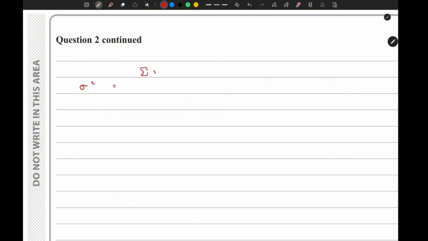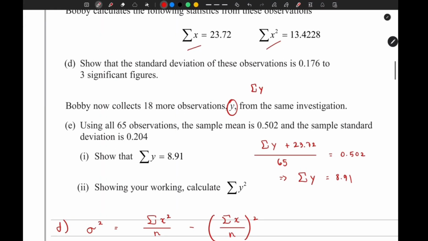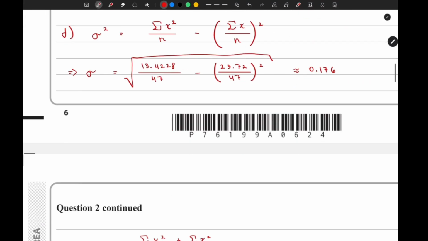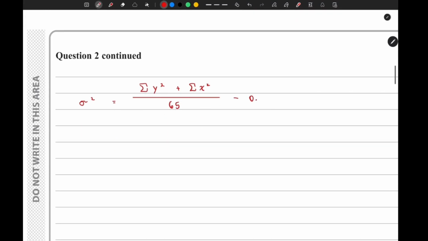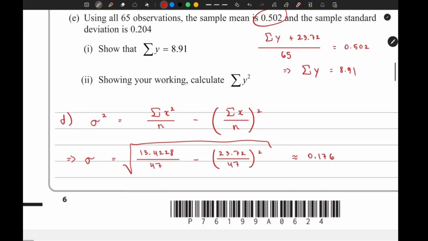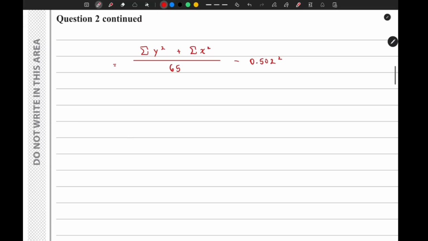You can write it like this: the summation of the new observations squared plus the summation of the old observations squared, divided by the total observations, which is 65, minus the mean squared. The new mean is 0.502 squared, and the standard deviation is 0.204. Since we're talking about the variance, this will be squared.